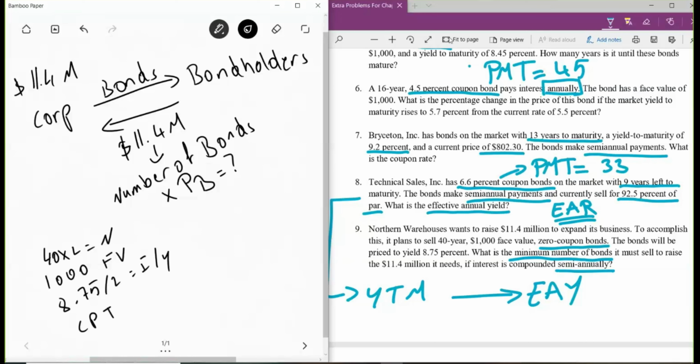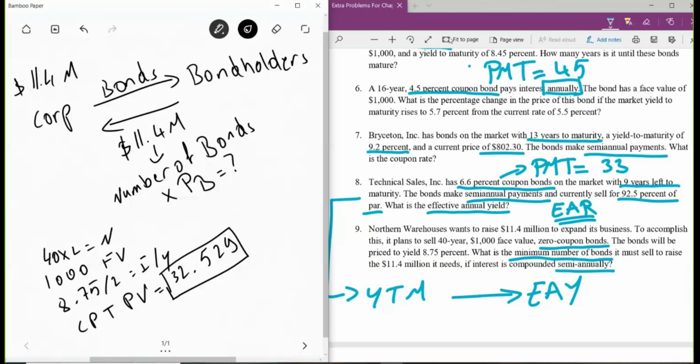I compute PV, the price of the bond. The price of the bond, 32.529. So you can see that zero coupon bonds, especially with a long maturity, are going to be sold at a deep discount. So you pay $32.5 now to buy the bond, and you will be receiving $1,000 4 years later.